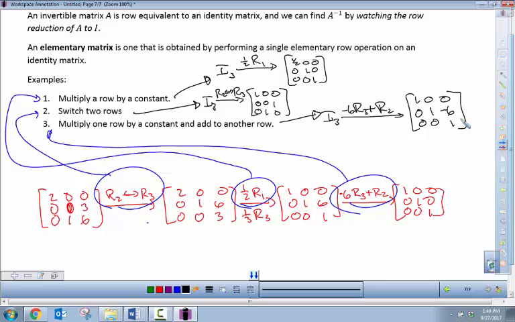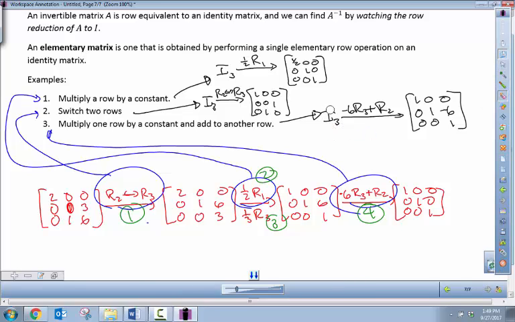Okay? So we're going to do it in the order that we did here. So let's reorder, let's call this step 1, step 2, step 3, and step 4. So why draw the matrices? Because if I had the identity matrix, that's what I'm starting with here, right?